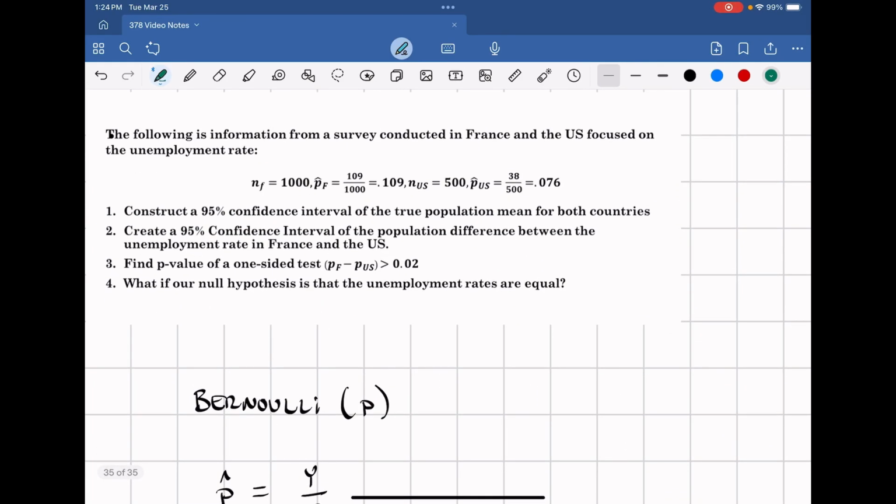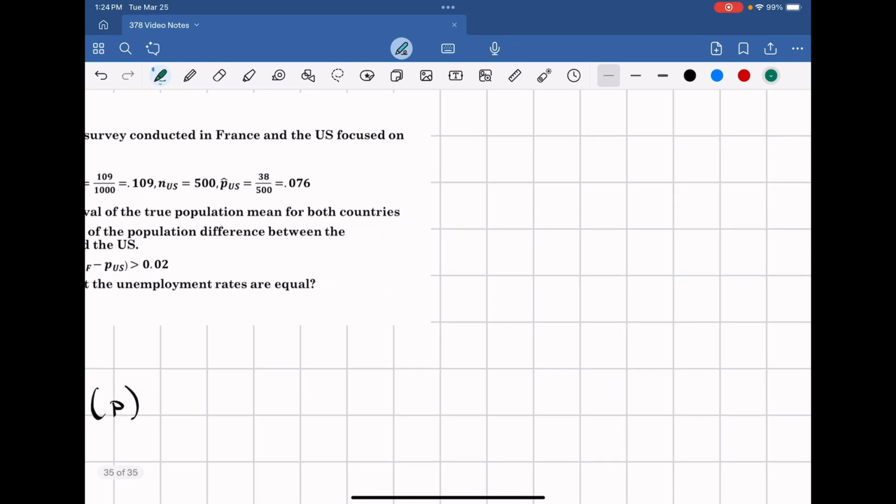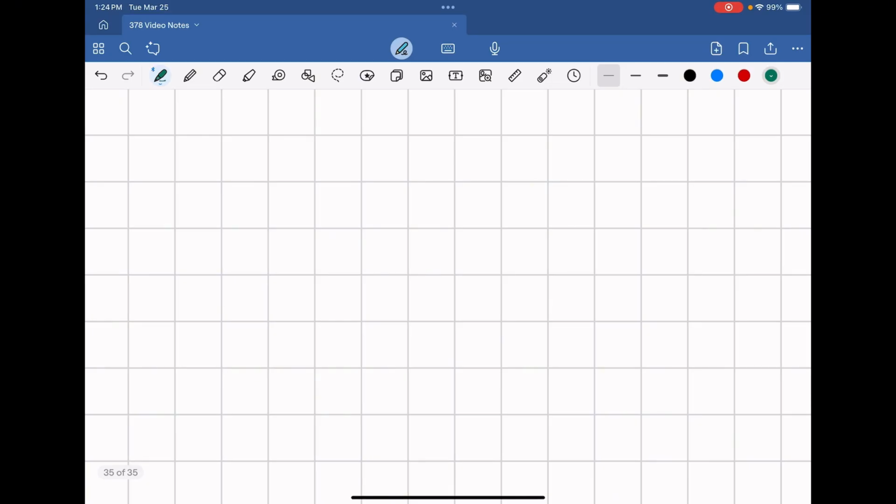Now let's look at part 2. Create a 95% confidence interval of the population difference between the unemployment rate in France and the US. So here we're going to ask something slightly different. What we're looking for is p hat of France minus p hat of the US. That's our new x bar.